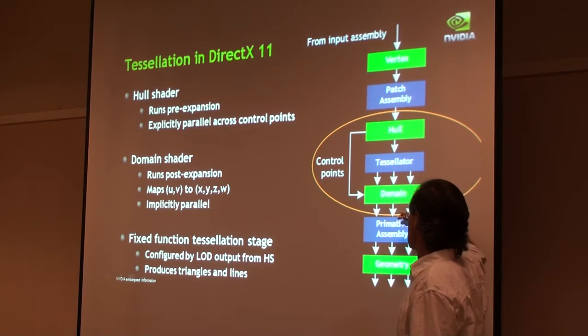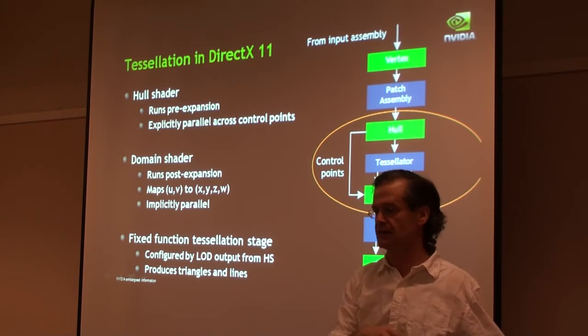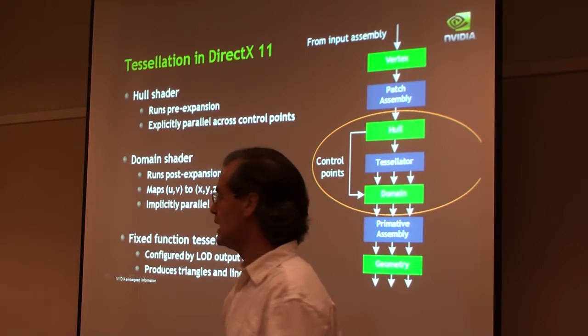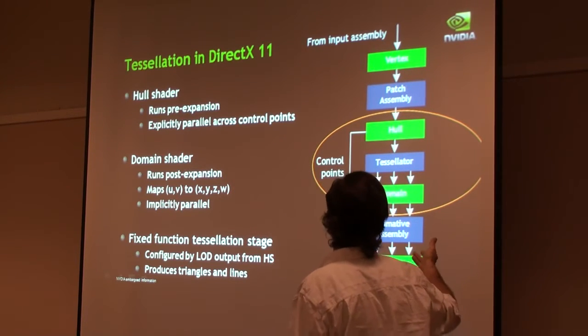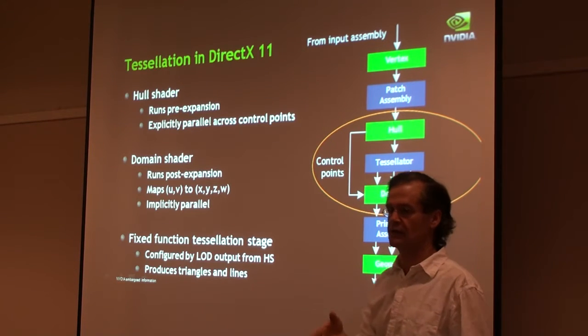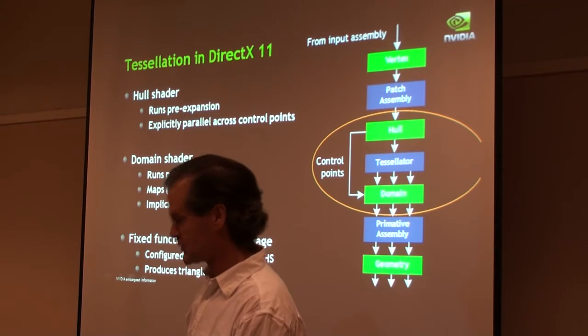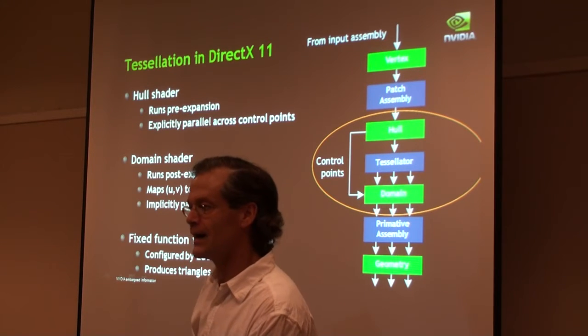That computed mesh is then handed off to primitive assembly, then handed off to the geometry shader, as in DX10. And Jonah said that in previous APIs you couldn't generate geometry on the die. It's not strictly true, just to be accurate.